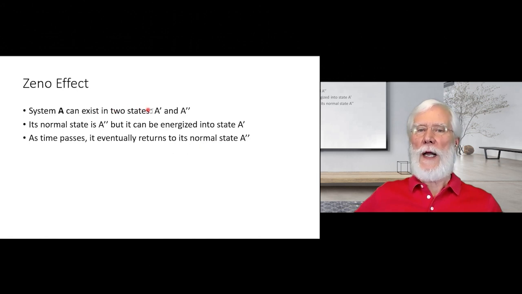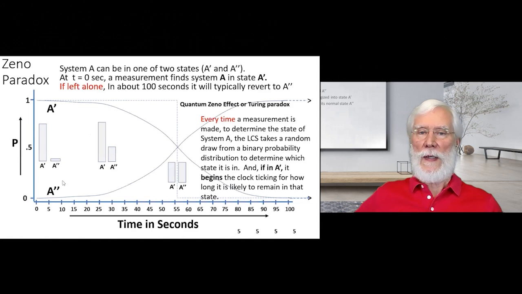Could be a hydrogen atom with two states, and it could get some energy and excite the electron up to a higher orbit, and then it drops down. Those could be the two states, or it could be something else. I just put it in very general terms here because the Zeno effect applies to dozens of different systems. They're just systems that are in one state or another, or multiple states, and get energized.